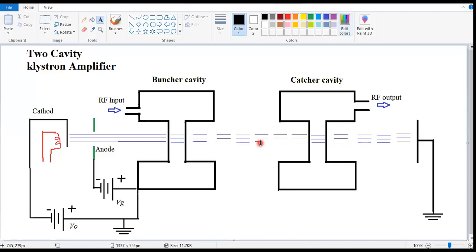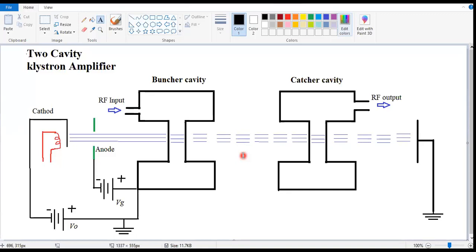So this is the basic concept of the klystron amplifier: the drift and the velocity modulation. This concept may be asked many times in the exam: what is velocity modulation? You can explain it related to this.